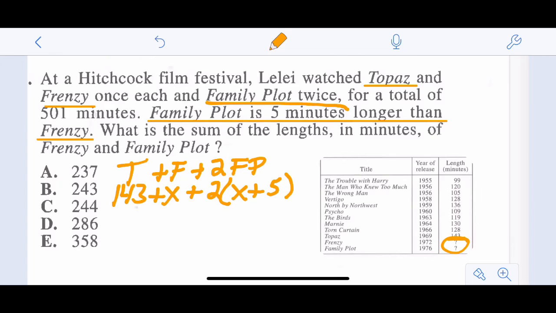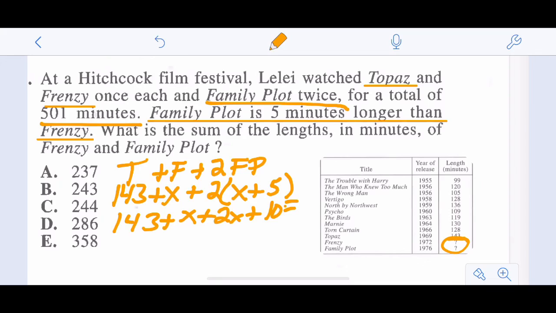So let's multiply these out. 143 plus X plus 2X plus 10. 501 minutes is the total. So equals 501 total minutes.